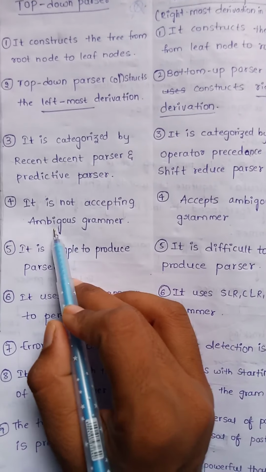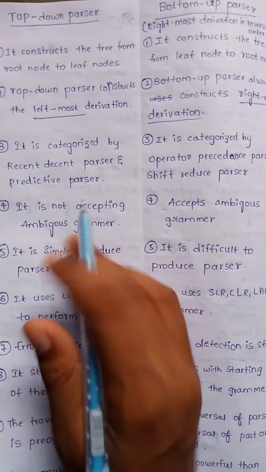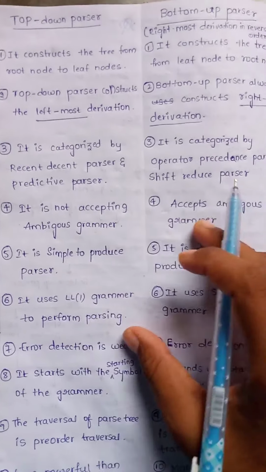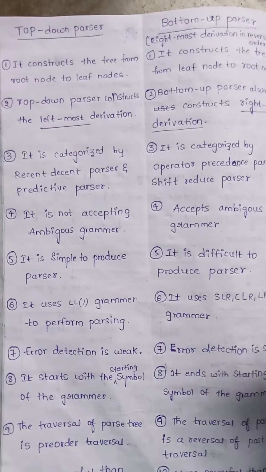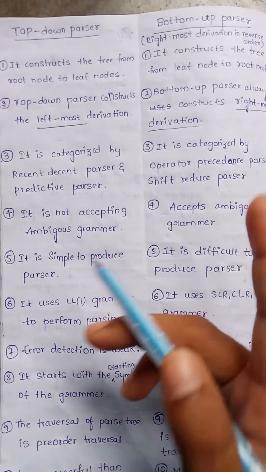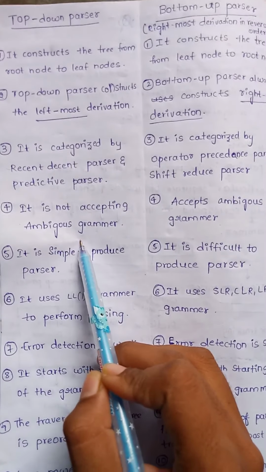I will also explain those in my upcoming videos. So if you take a grammar and produce a derivation, leftmost or rightmost, and you get more than one parse tree, then it means there is an ambiguity in that grammar. So top-down parser doesn't accept this ambiguous grammar.